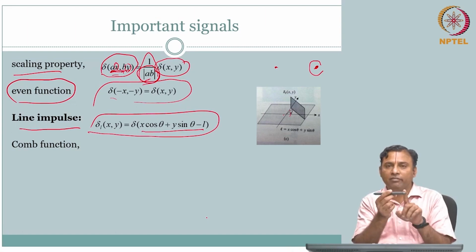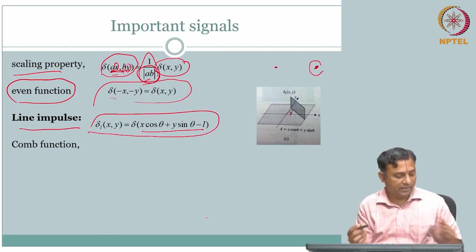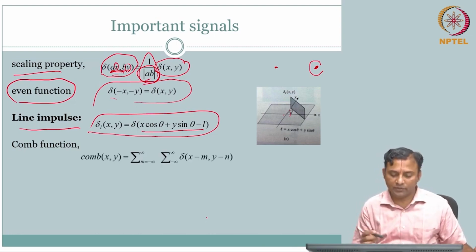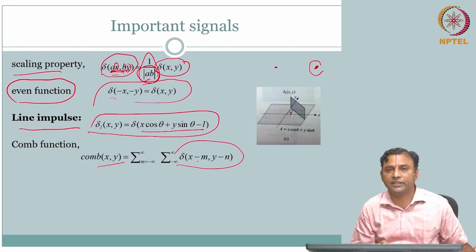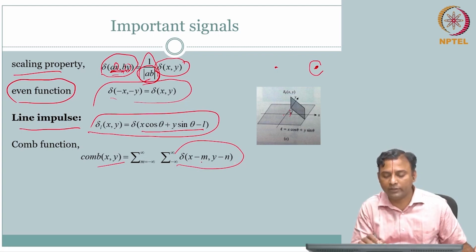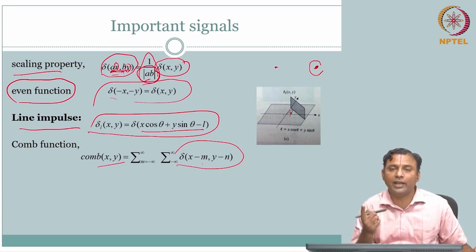So you have a line, but it has values only at special locations, the spikes. So comb of x comma y is nothing but a collection of these deltas at different offsets m and n, different locations m and n. In the x comma y plane, at locations m and n, you are moving this delta. Only there it is present. So if you visualize that, it will look like a comb.